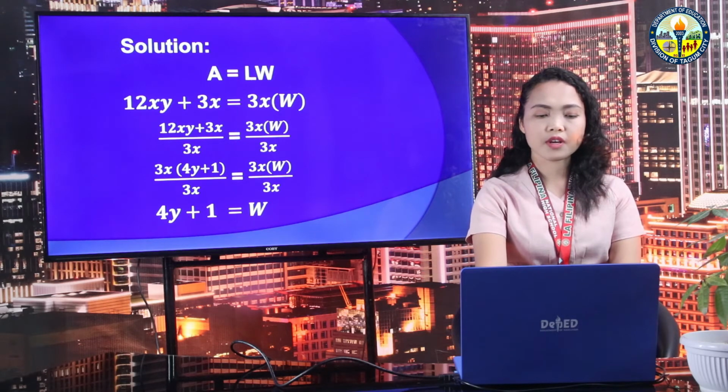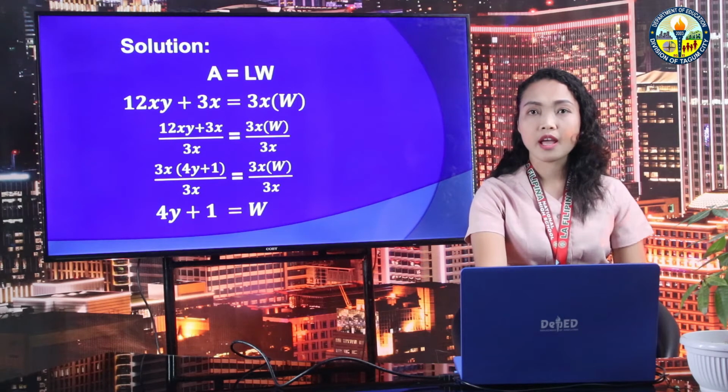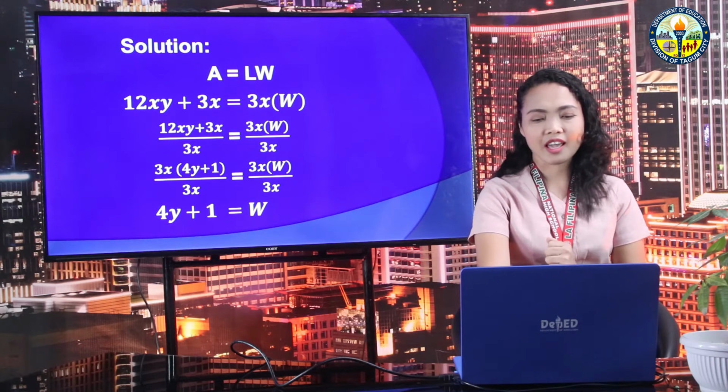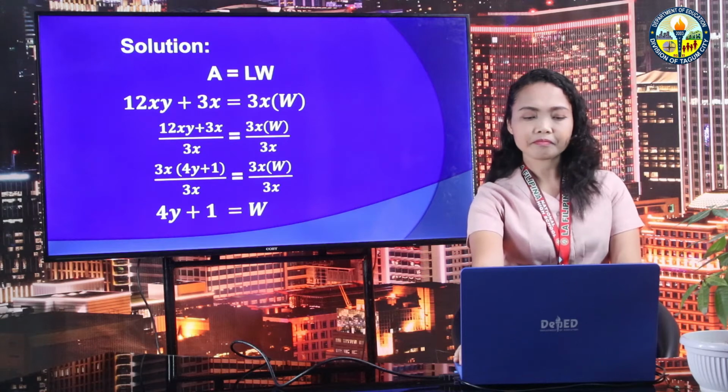So 3x divided by 3x equals 1. Then we have 4y plus 1 as our value of the width. Can you follow? Okay, very good.